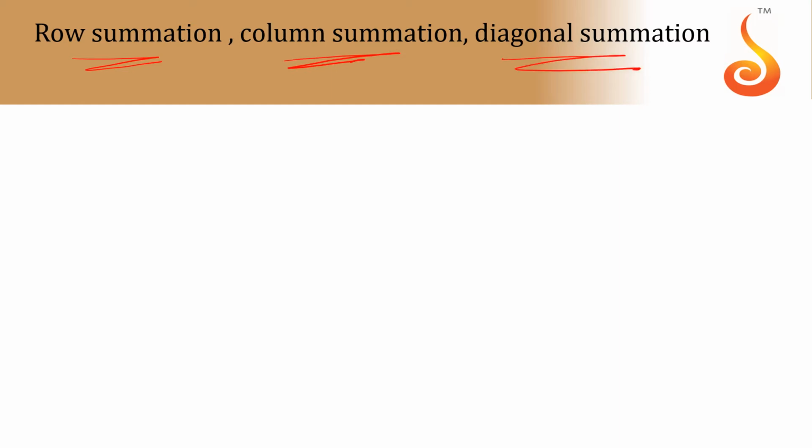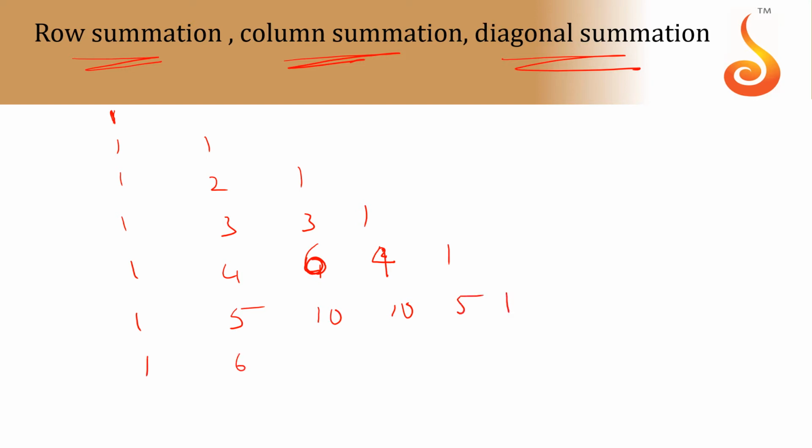If you write the binomial coefficients for n equal to 0, n equal to 1, n equal to 2, n equal to 3, like that, you can go like this.